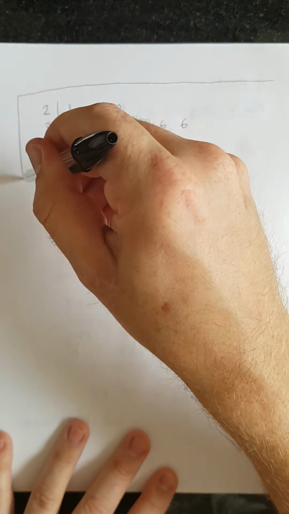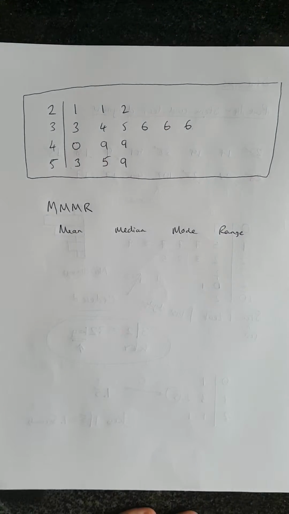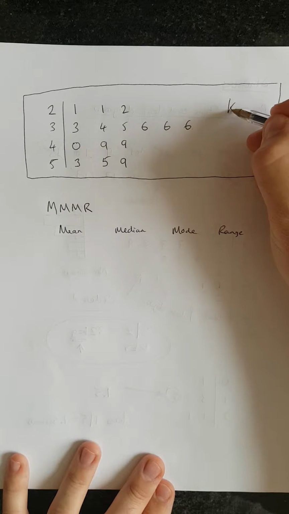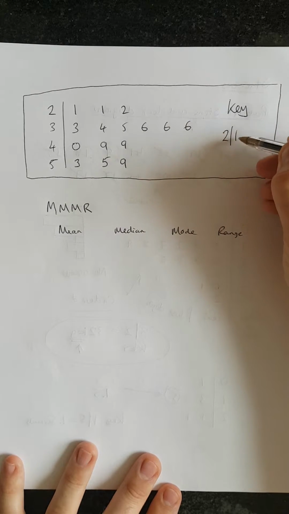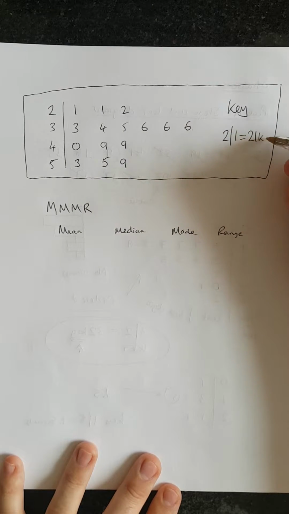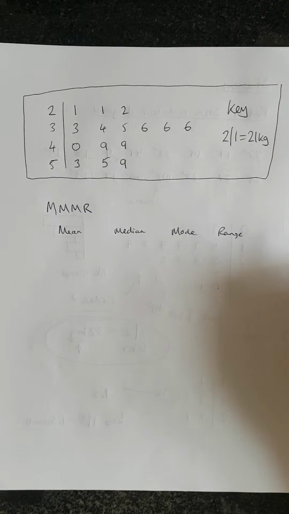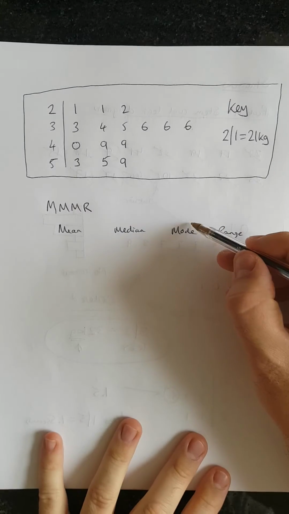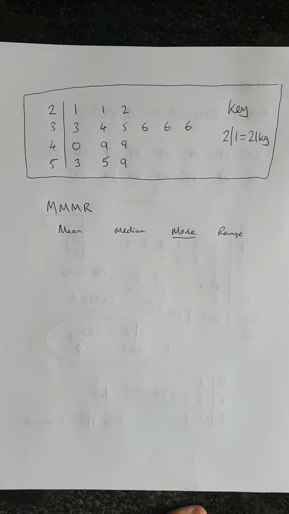Now, before we do that, is there anything missing from up here? Good. Key's missing. So in this case, 2, 1 means 21. So, first off, we're going to do the mode, which is the most commonly occurring.